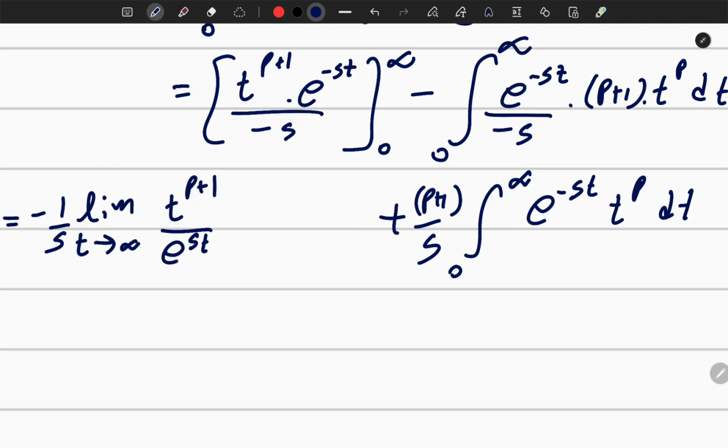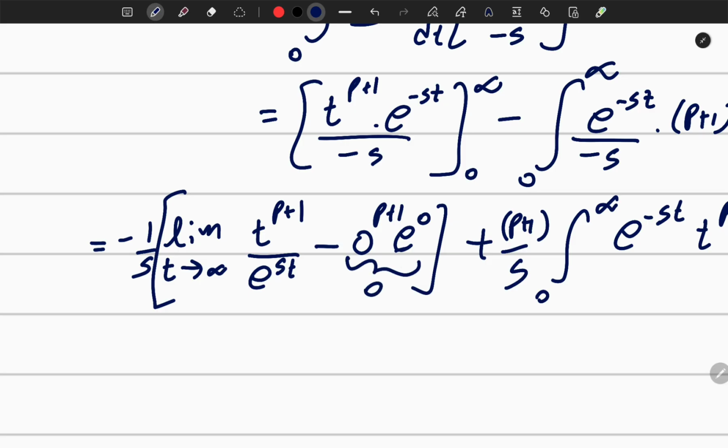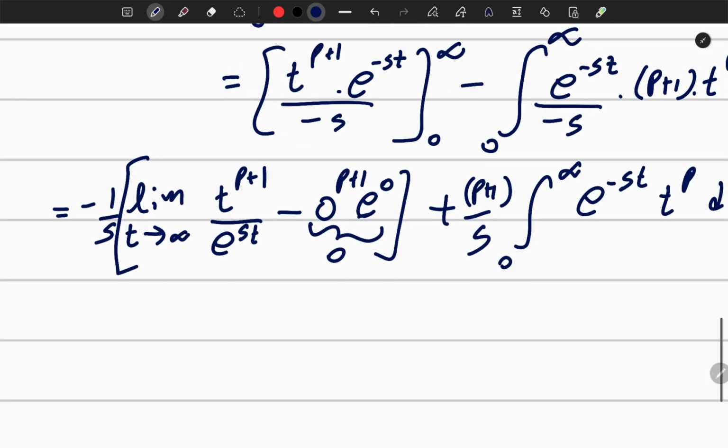I plug in this value, but I have to subtract that one: minus t to the p plus 1 e to the 0. Since t is 0, 0 to the p plus 1 is 0. Now I am only left with this limit.